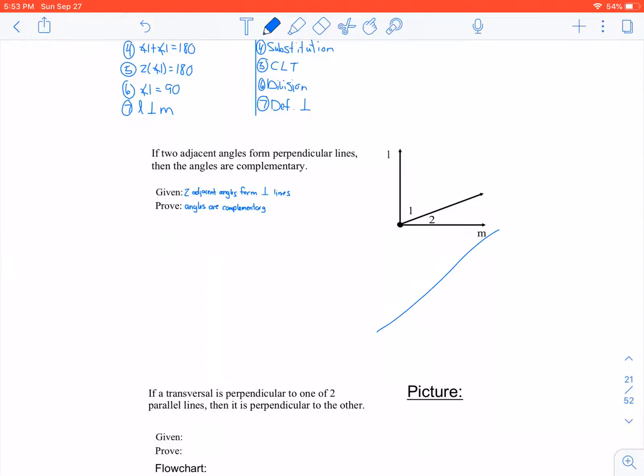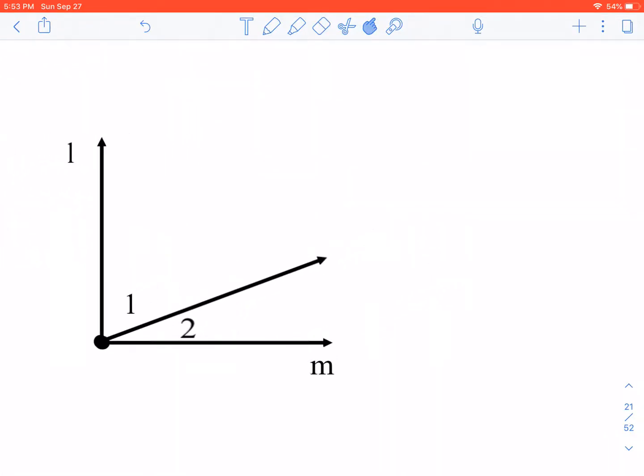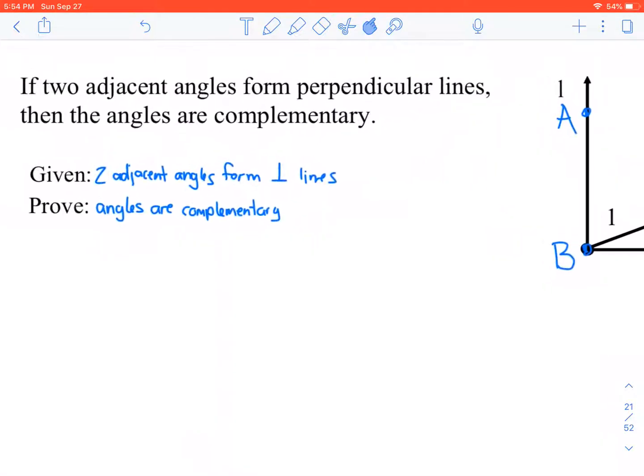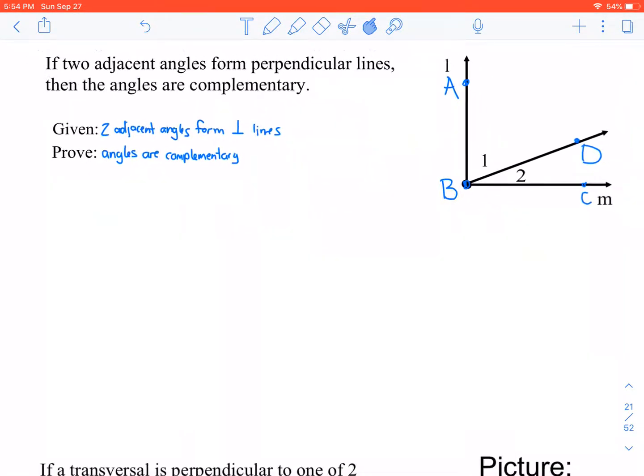And to make this a little simpler for notation's sake, I'm going to label this A, B, C, and D. So I'm going to set up a proof.